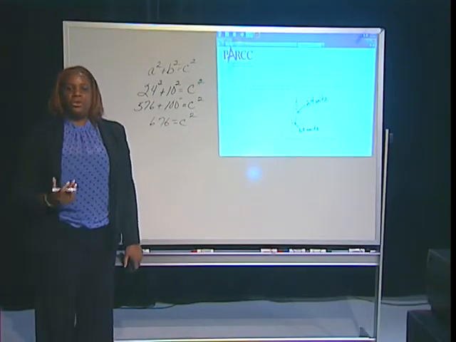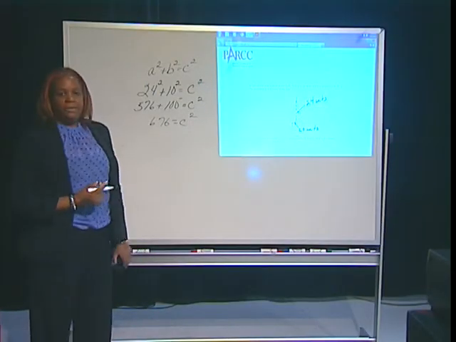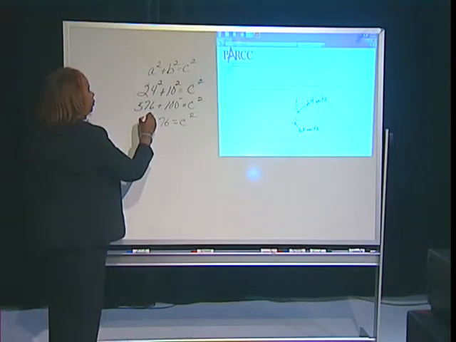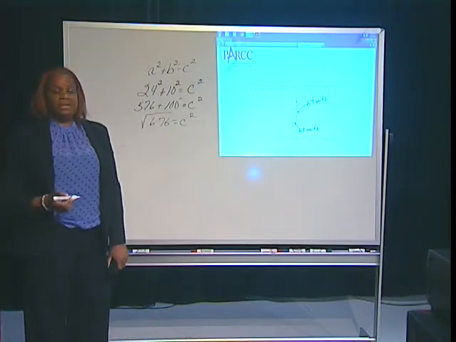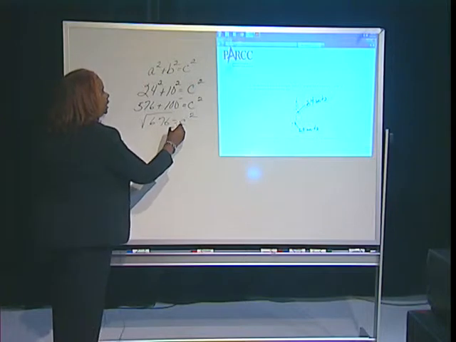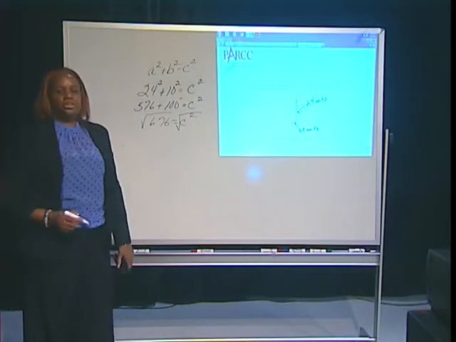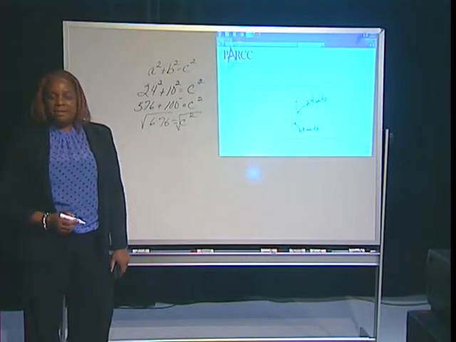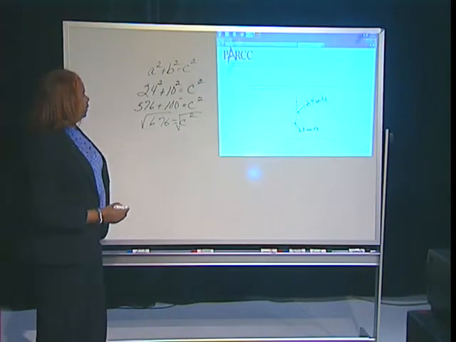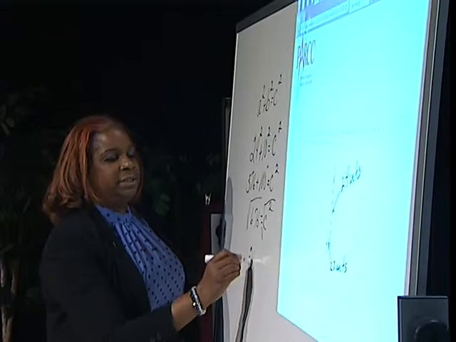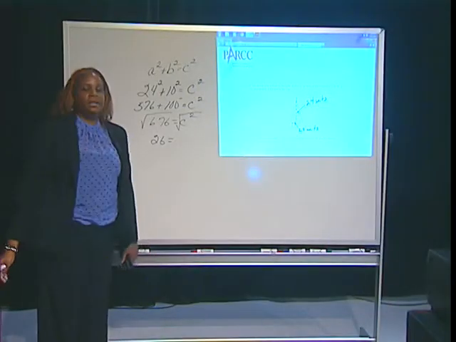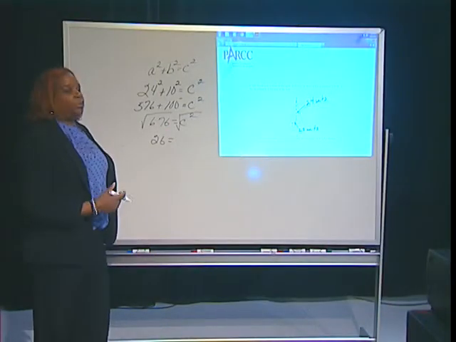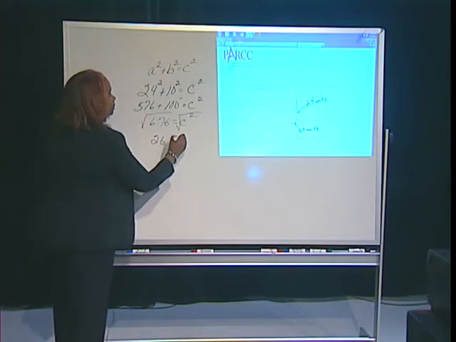Take the square root of each side of the equation. We have the square root of 676, along with the right side, the square root of c squared. If we take the square root of 676, that will give us 26, and c squared will undo itself, and now it will become c.